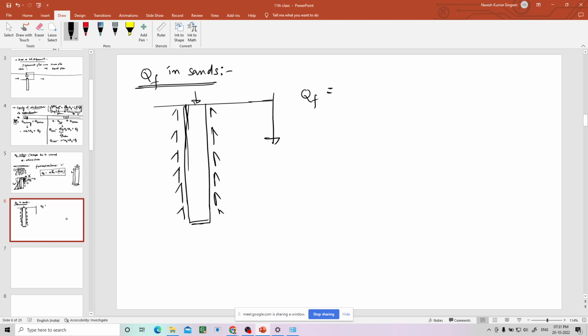At any point, there will be some effective stress vertically downward. If you want to convert that vertical effective stress into horizontal stress, you have to multiply by the earth pressure coefficient. Did we discuss earth pressure in the class anytime?